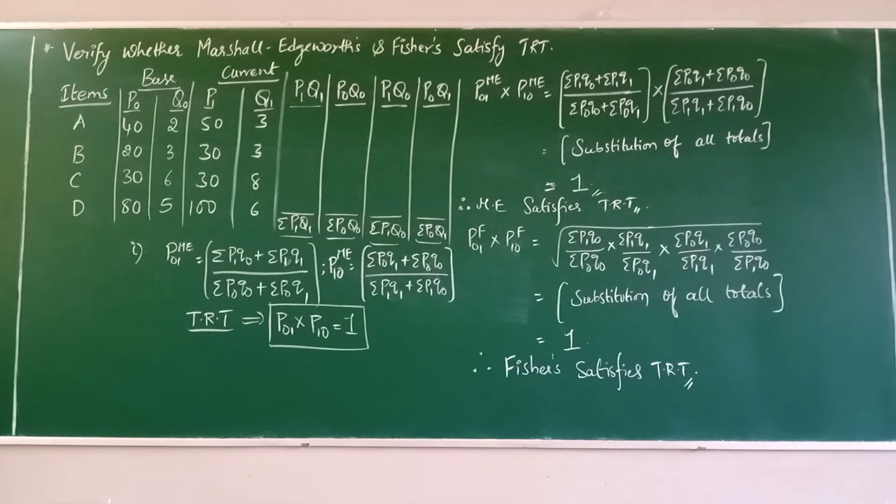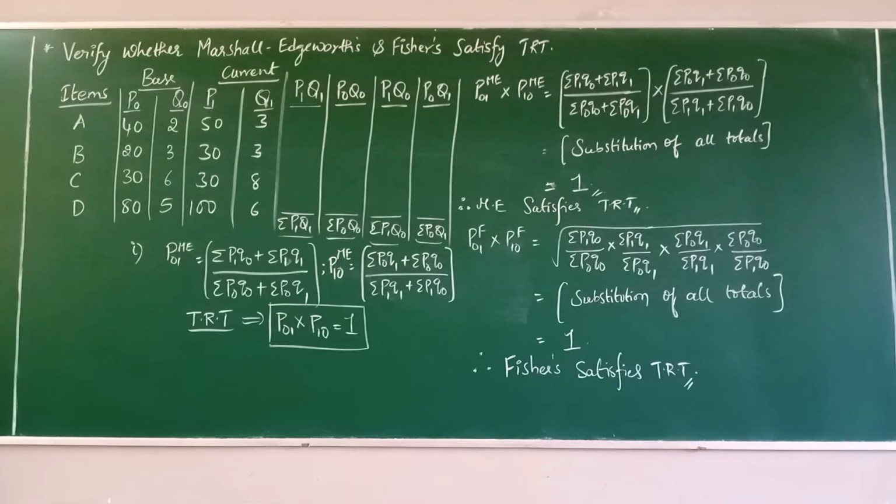Again the same method: after substituting all the totals in the given formula, your answer should equal 1. After writing the formula, you are supposed to substitute all the totals and then prove that it equals 1. Don't blindly write the formula, cancel everything and write equals 1. Only after substituting do you verify whether this problem satisfies TRT or FRT in Marshall and in Fisher's.